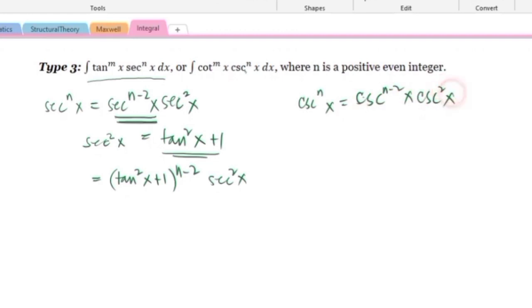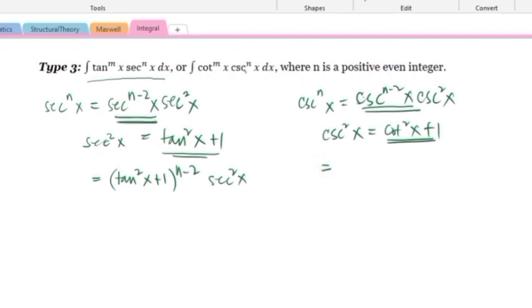cosecant squared x. And then, we will be using the identity cosecant squared x is equal to cotangent squared x plus 1. At itong part na to ay papalitan natin ng cotangent squared x plus 1.